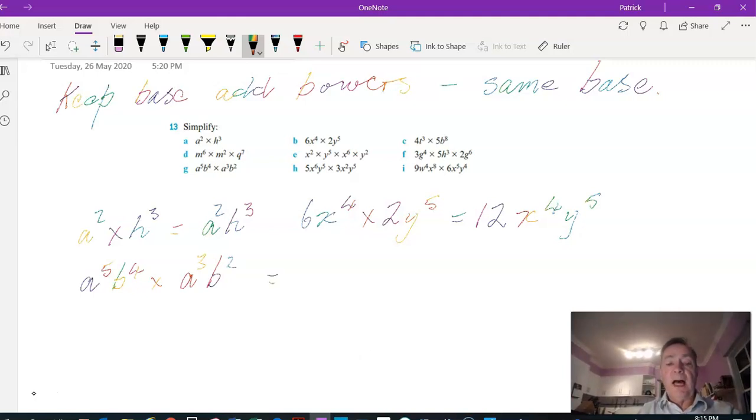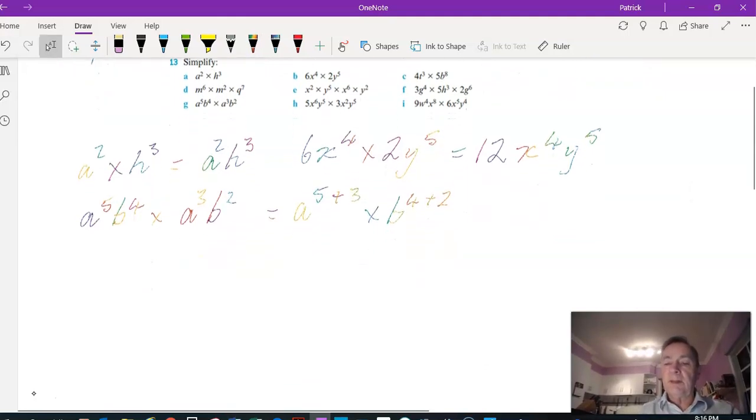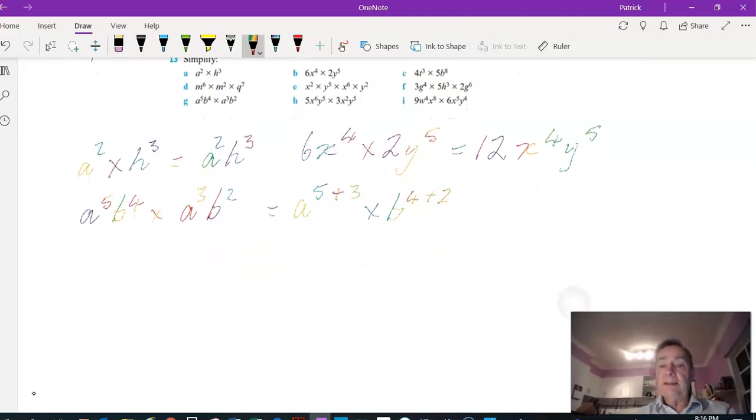So we've got a to the 5th, a to the 5 plus 3, times b to the 4 plus 2, b to the 4th plus squared. So then we've got a to the 8th times b, we don't use the multiplying sign, b to the 6th.